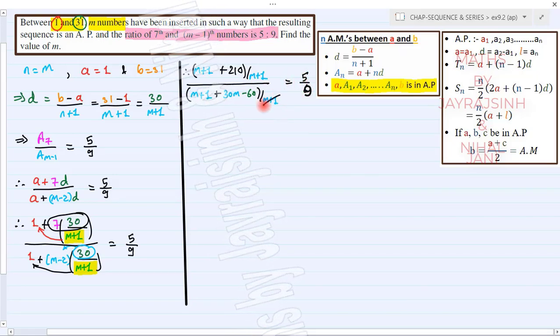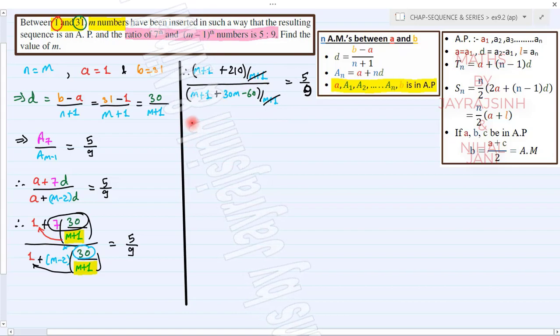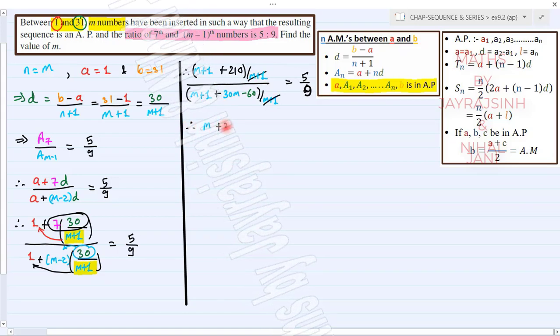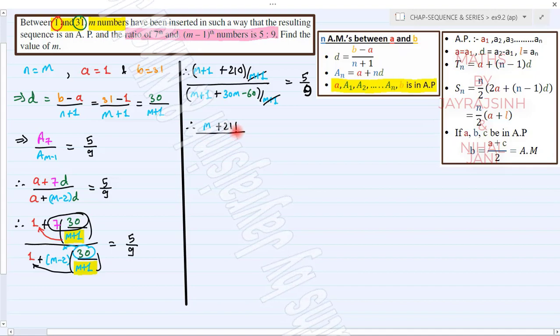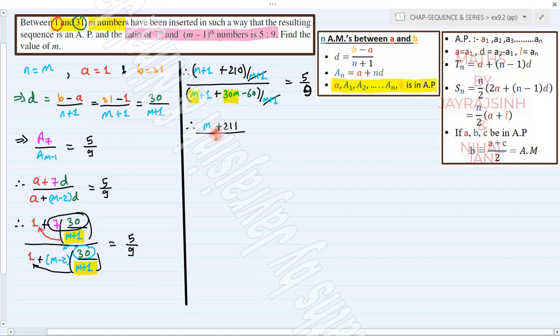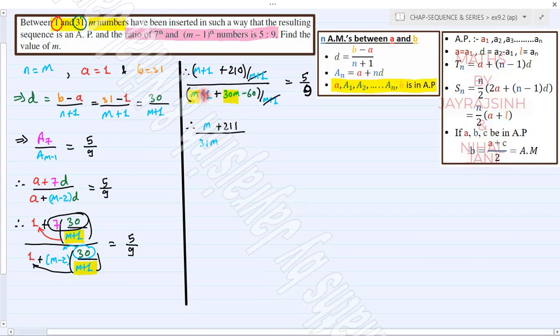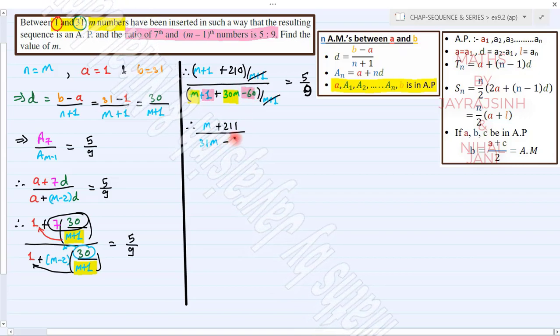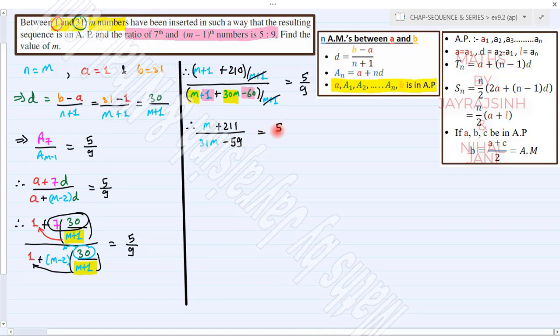So here your m plus 1 will cancel out. We will get m plus 211, and in the denominator m plus 30m will be 31m, and 1 minus 60 will be minus 59, is equal to 5 by 9.